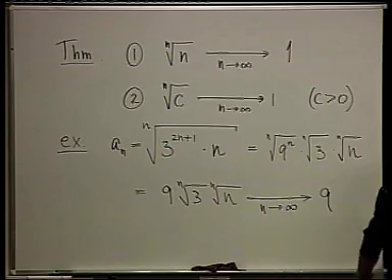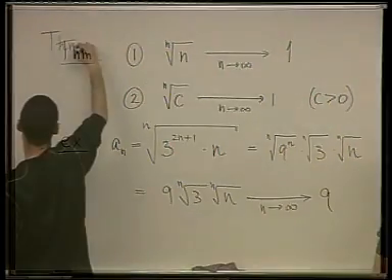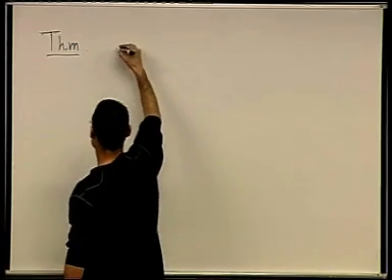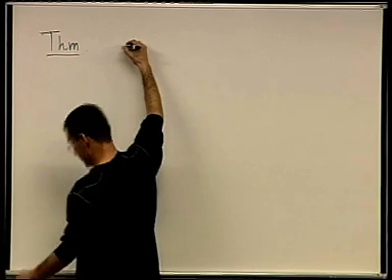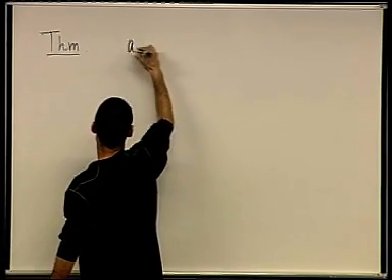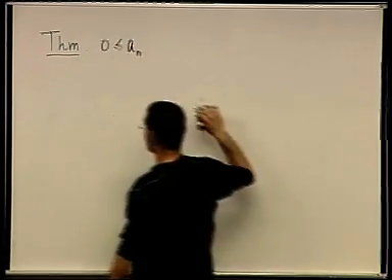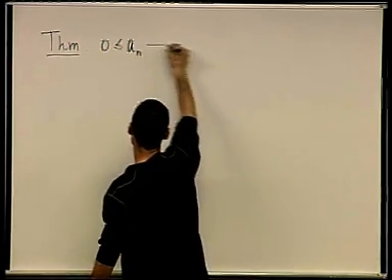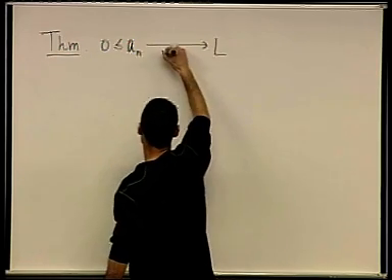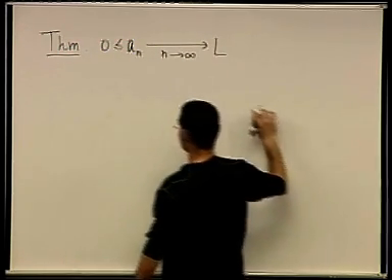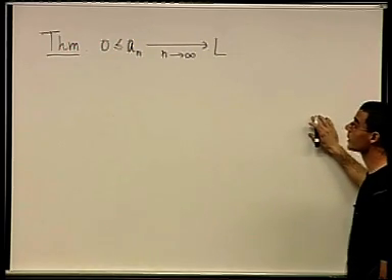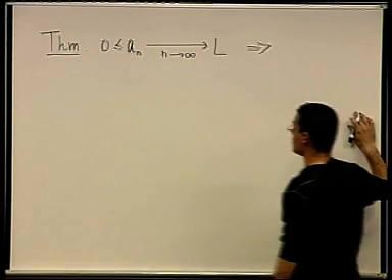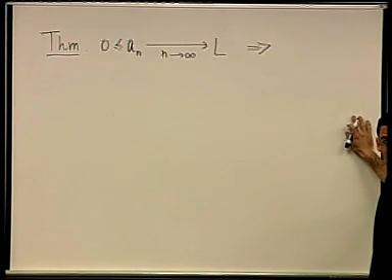So, theorem. Suppose that a_n is a non-negative sequence, so all the a_n's are non-negative, and converges to L. What can you say about L?